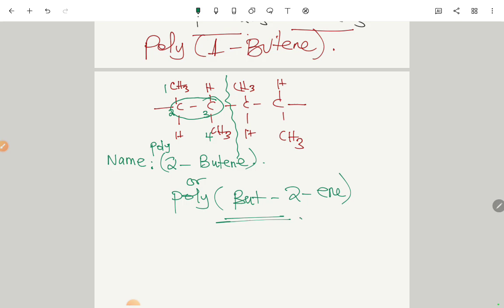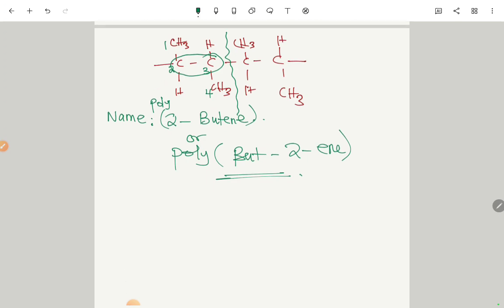So that is how we solve such type of questions. Remember, what is allowing addition polymerization is the presence of a double bond. Without a double bond, addition polymerization cannot occur. So this is about addition polymerization.